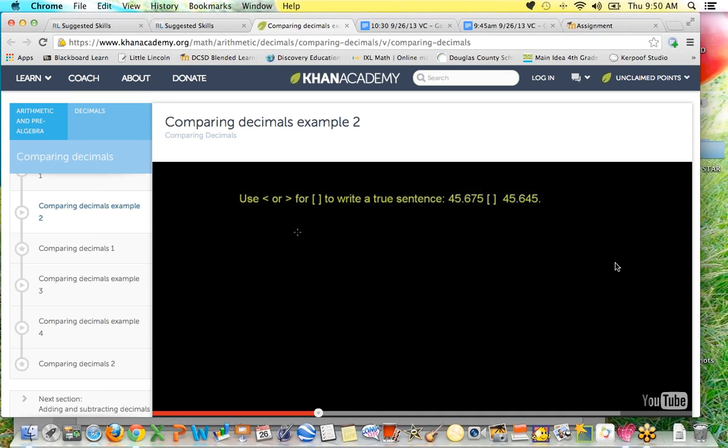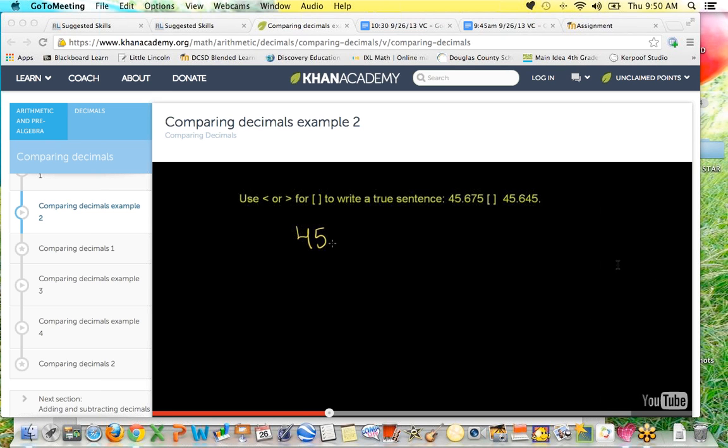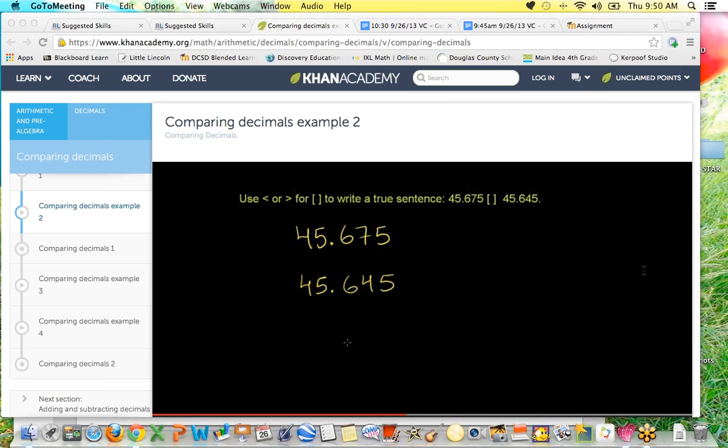The first number is 45 and 675 thousandths. And the second number is 45 and 645 thousandths. Now, when you look at everything here, the only place where these two numbers are different is in the hundredths place.